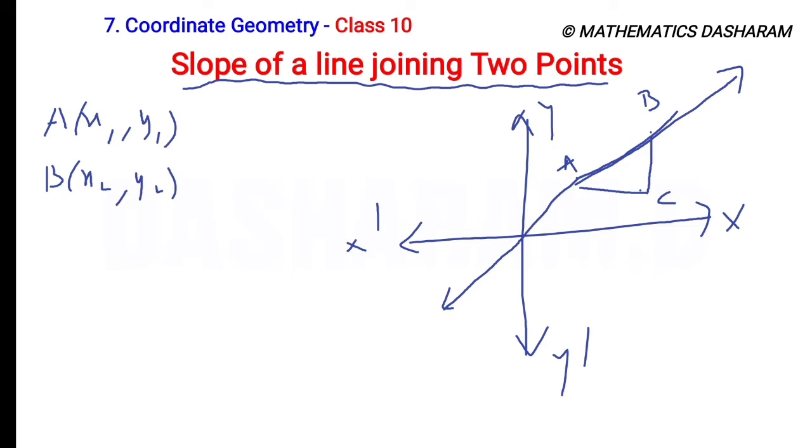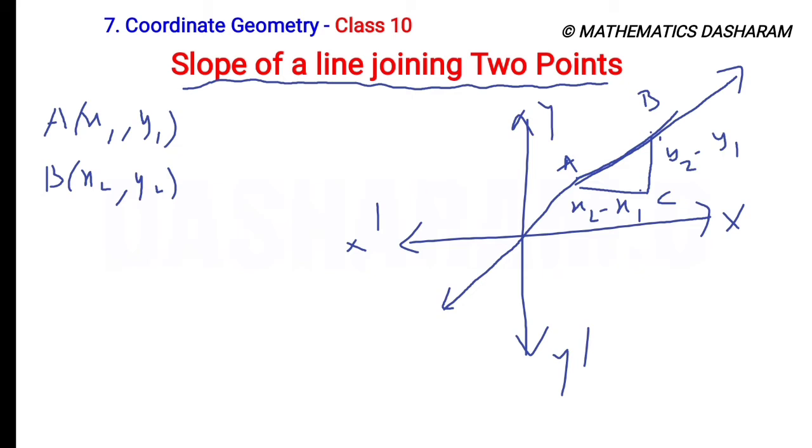The distance between B and C is y2 minus y1, which is nothing but the difference between the y coordinates of points A and B. Next, the distance between A and C is x2 minus x1, that means the difference between the x coordinates of points A and B.